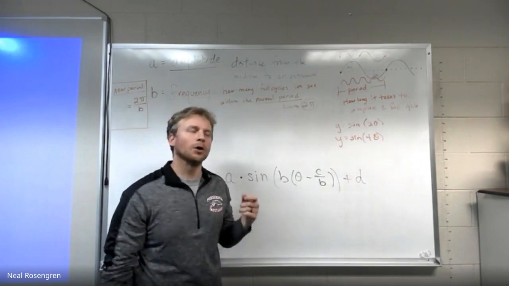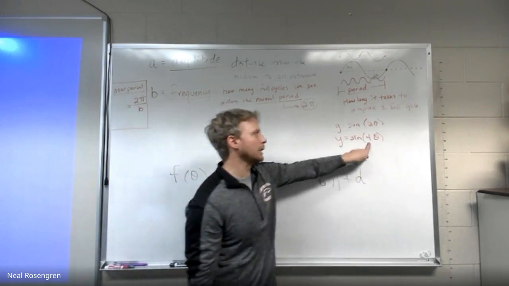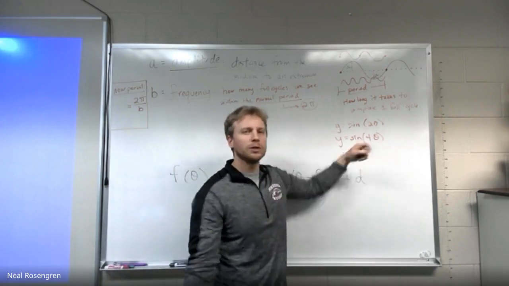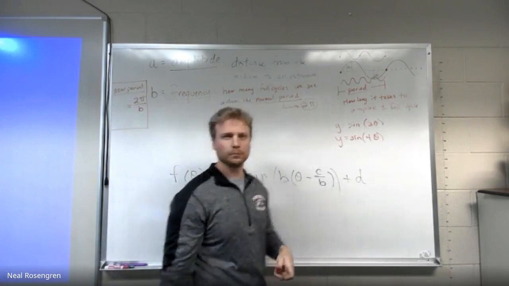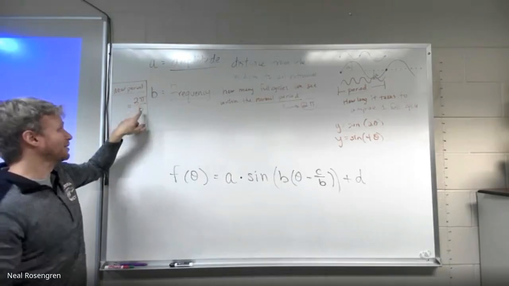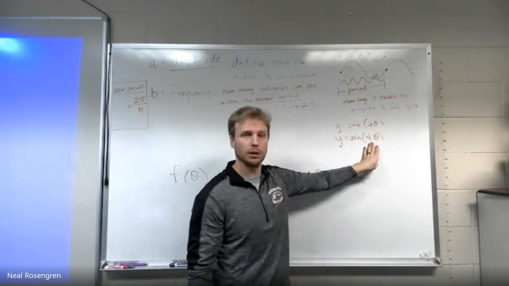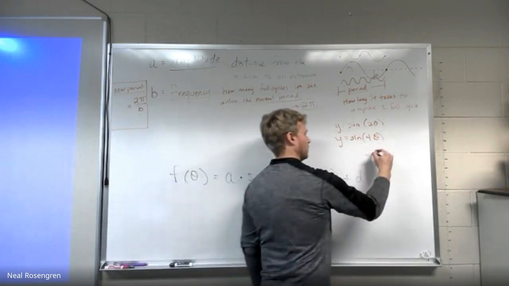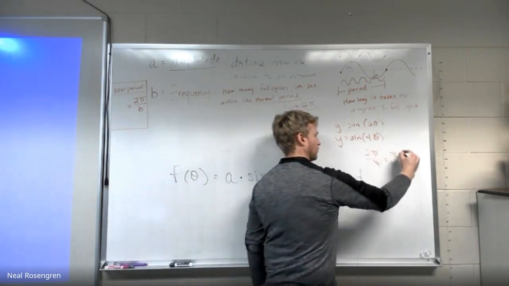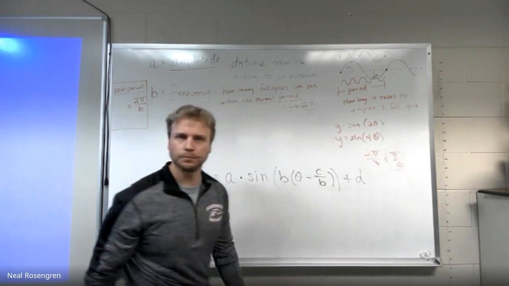What would our new period be if our frequency is 4? 1/2 pi. Take 2 pi, divide it by your frequency, 4. 2 pi divided by 4 would be pi over 2.